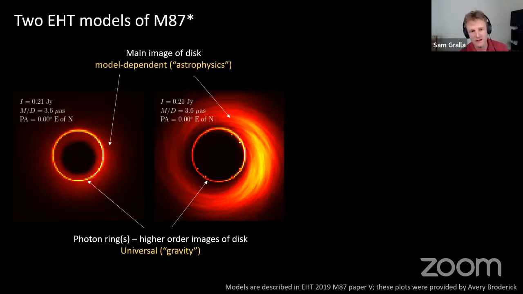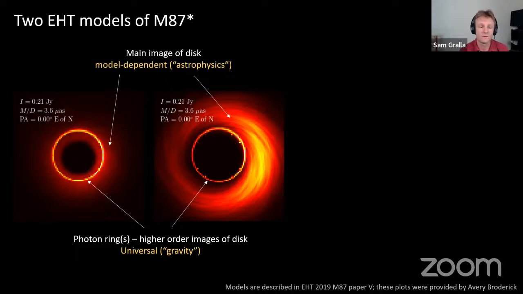But what you're seeing here is actually an image of the back of the disk. It's light that was emitted backwards away from you, was bent around the black hole, and came back to the observer. That's what you're seeing in this ring. And because that light has done all that bending, it's somehow more sensitive to the underlying geometry.